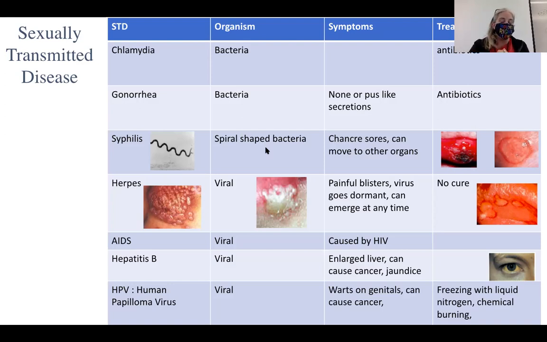How many partners do they have? Are you in a monogamous relationship or not? Those are things that will help prevent herpes. Because once you have it, you will have it forever, and you will deal with it for the rest of your life. And that's not something that you want.